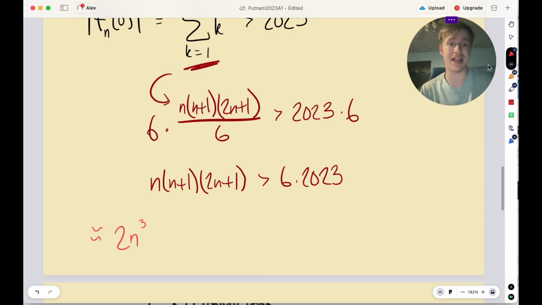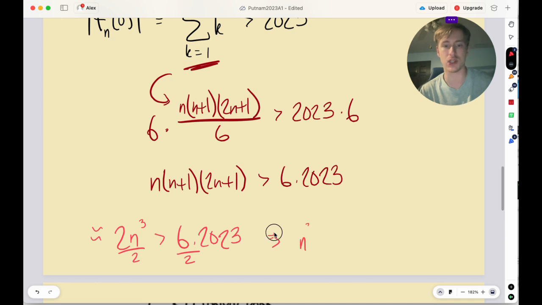And I need to find n so that 2n cubed exceeds 6 times 2023. The reason I did that was now I can divide both sides by 2, and I get that this is equivalent to finding n so that n cubed exceeds 3 times 2023, or 6069.